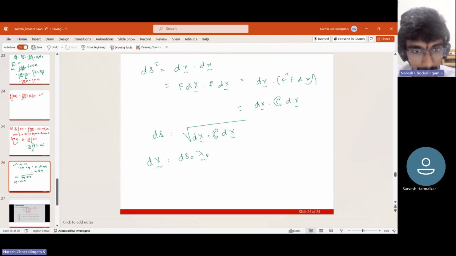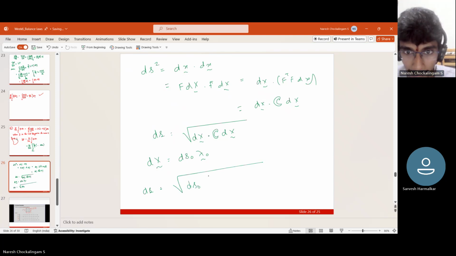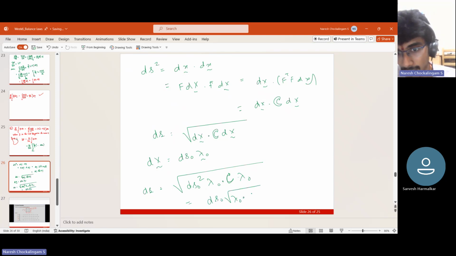This will become the square root of ds naught lambda naught dot C lambda naught ds naught, so this becomes ds naught squared. So you can write it as ds naught times the square root of lambda naught dot C lambda naught. Sorry, C is not a vector.